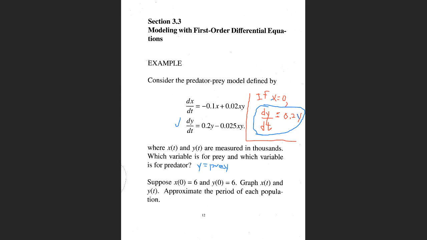Let's see, Matthew, let me see yours. Matthew's saying predators x. I'd have to think about that a little bit, Matthew. I like to think like this. What if y were equal to 0?